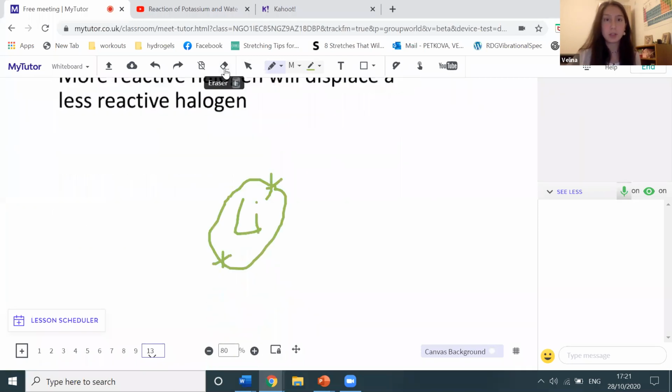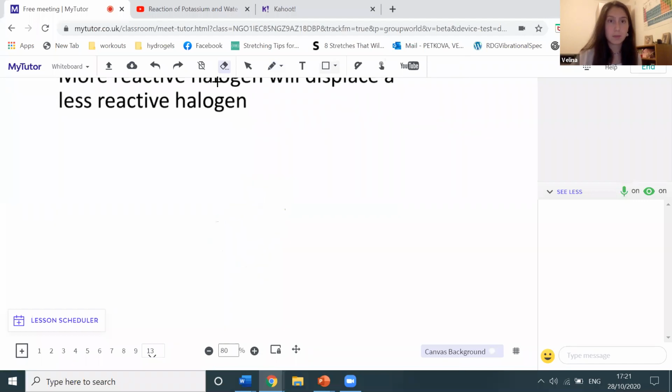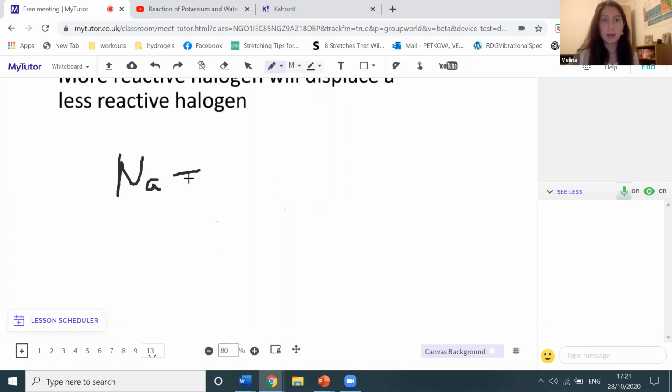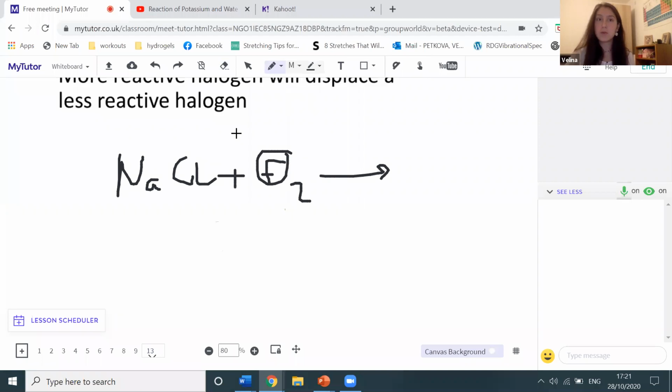So if, say, we had sodium chloride, and we're going to react it with fluorine, so F2. If fluorine is more reactive, it's going to displace this and it's going to form sodium fluoride.